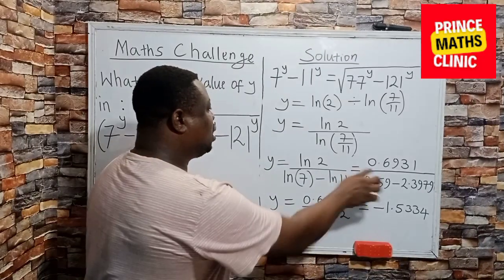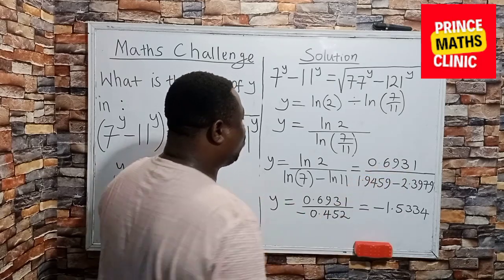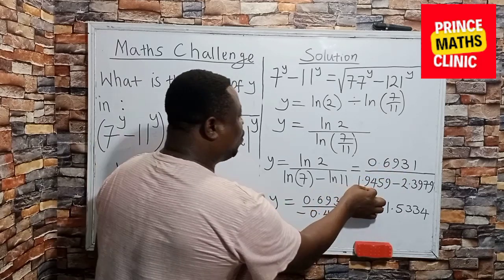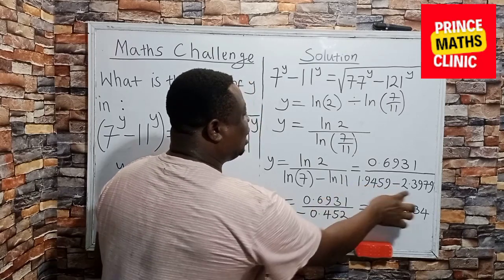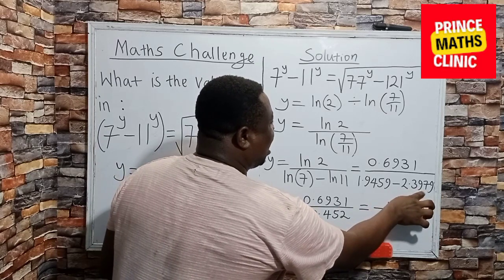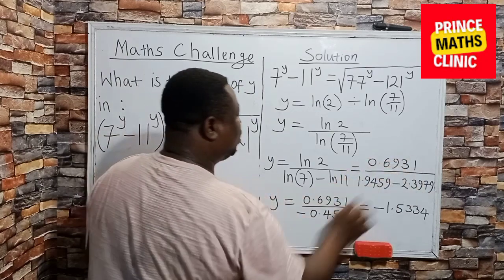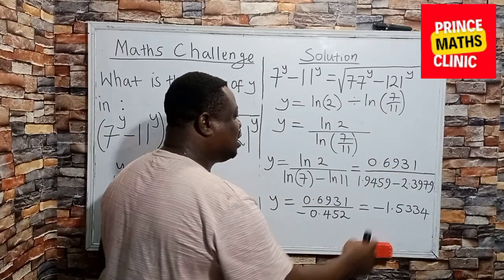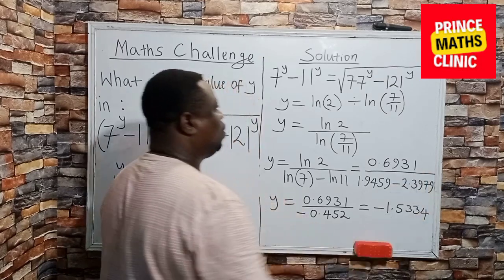Punching these figures in the calculator, ln 2 will give us 0.6931, ln 7 will give us 1.9459, then ln 11 will give us 2.3979. And if you evaluate everything you have here, you are going to get negative 1.5334.